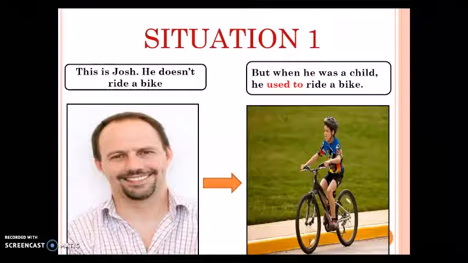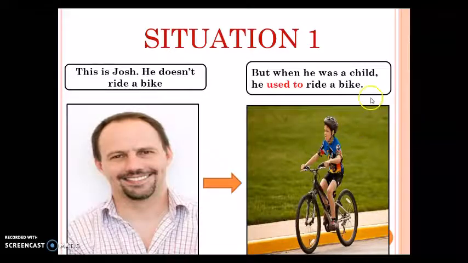Okay, the first situation that you have here, it says, this is Josh. Okay, this man over here, can you see him? This is Josh. He doesn't ride a bike. But when he was a child, this is Josh.